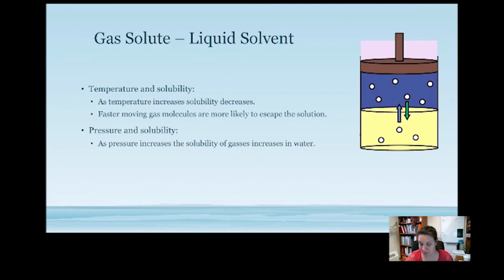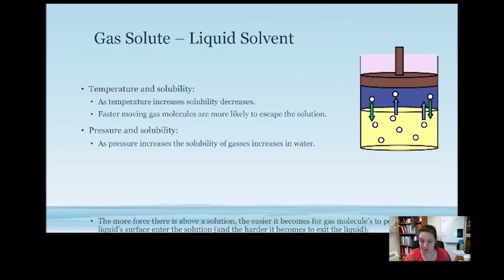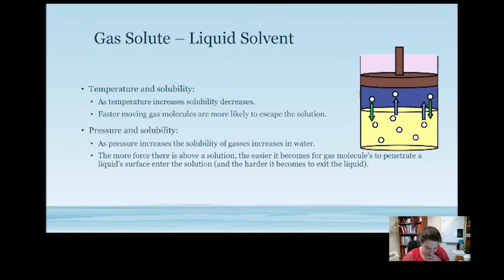So we have equilibrium going on with solubility of our gas particles. We increase the pressure. It's going to cause those gas particles to get pushed into solution. So the more force, the easier the gas molecules can penetrate the liquid surface, so they'll enter the solution, and the harder it is for those to actually exit the liquid.